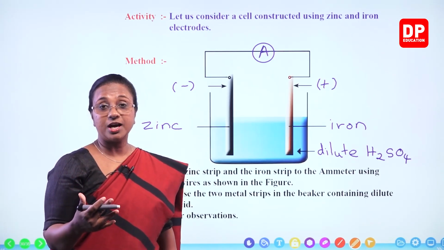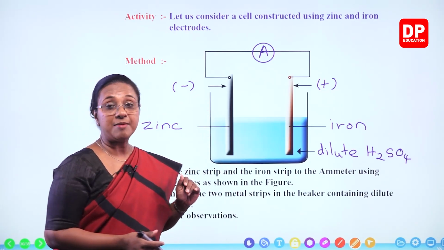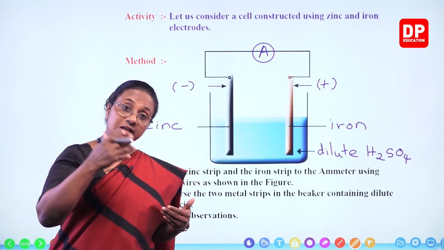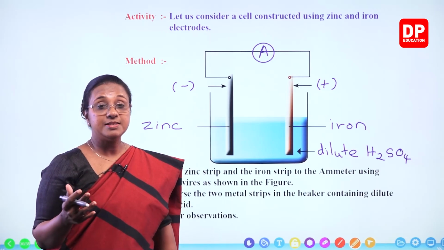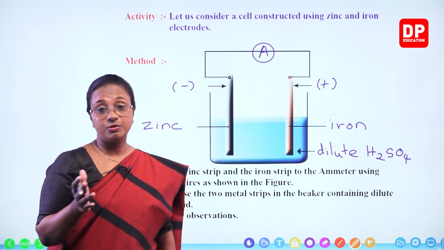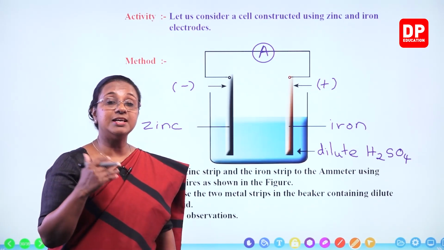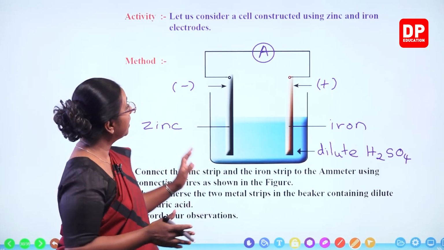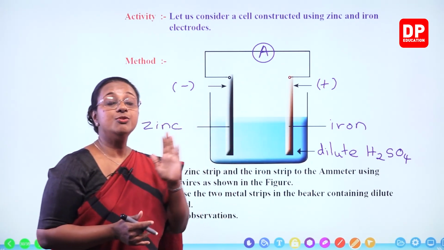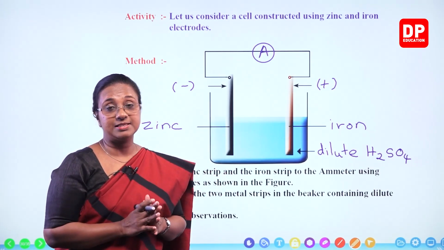Like I have told you before, students, instead of an ammeter we can also use a center zero galvanometer, where you can observe the direction of the current flow from the direction of the deflection. If we use an ammeter, you will observe that current flow is taking place.